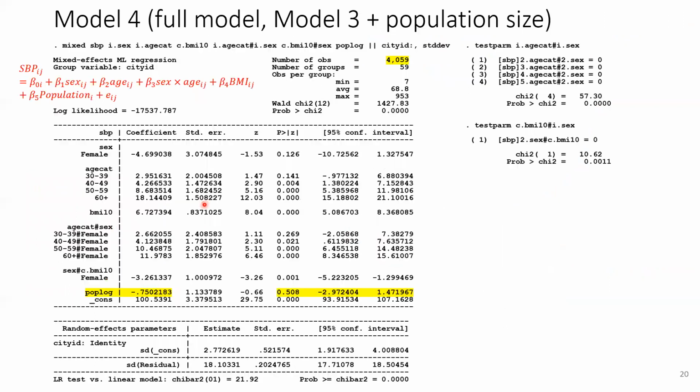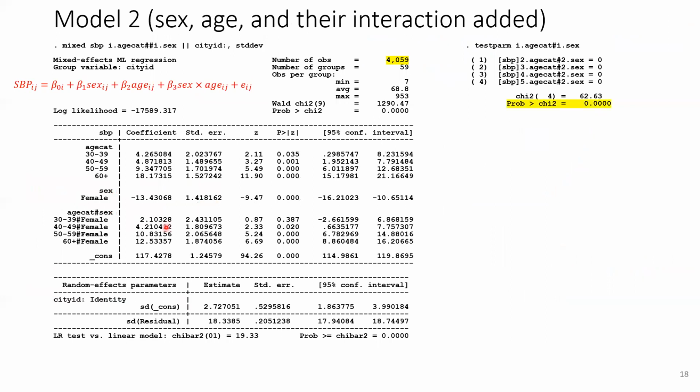And when you see the output, well, I went to model 2, but it doesn't matter. You see only four categories here, right? Yes, in the output. So it means that 20 to 29 is the reference category. So this coefficient, for example this 4.26, is the difference between 30 to 39 as compared to 20 to 29 for the male population. I added male population because we have an interaction term.